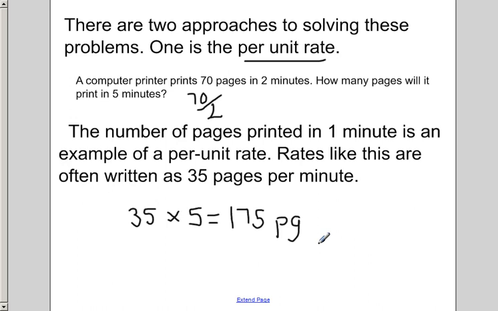So this is an example of a per unit rate. A lot of times we do that when we get gas, $3.39 per gallon times the number of gallons that we purchase equals the amount that we spend.